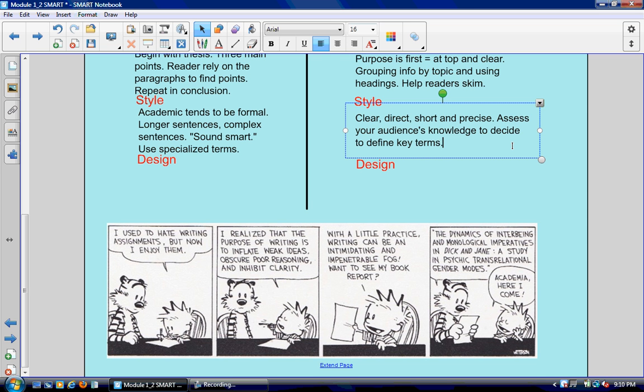But if you have to explain something to, say, the accountant or someone who works in the office, you may have to actually define key terms that they wouldn't be familiar with. And so you're not trying to sound smart at the expense of your reader. You're trying to be clear, direct, precise, and give the reader the information they need.